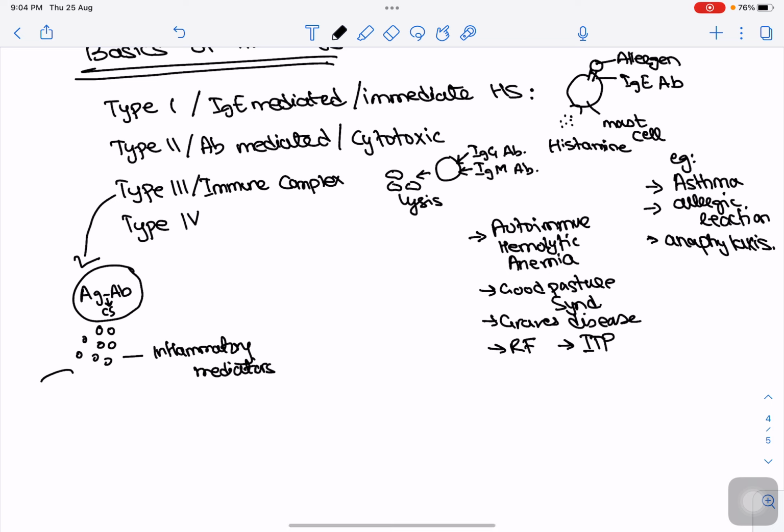So this is another tissue, let's say, so it will definitely injure this. The examples for this kind of reaction are SLE or polyarteritis nodosa, which is a type of vasculitis. And then there is serum sickness and viral hepatitis.